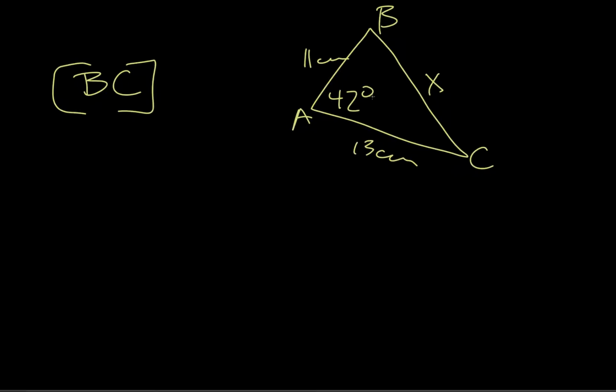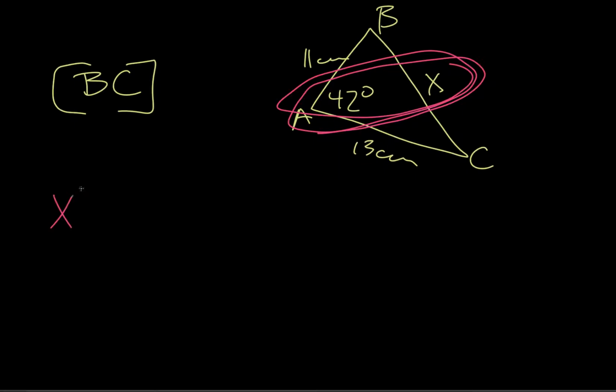And if you remember, before I scrolled down, I said that the two that are opposite need to be opposite in the equation. So we take that side, x squared, and then we need to make sure when we do the cosine over here, it's 42. So because 42 degrees and x are opposite, they need to be like this in the formula.